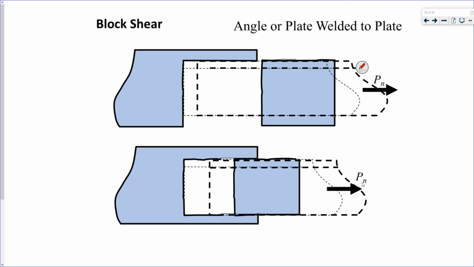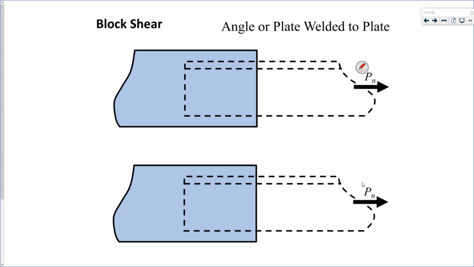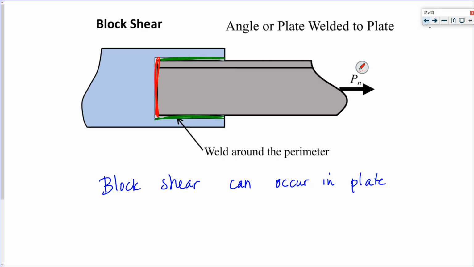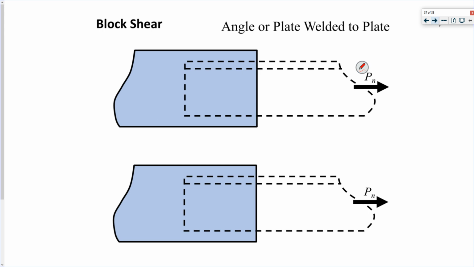Like that. Yeah, there's 2 different ways this could happen, actually. Right? You're not going to have block shear in the angle, because that would actually just be rupture of the angle. But you could have block shear in the plate. There's 2 different potential methods.